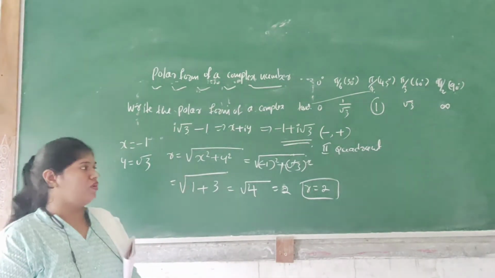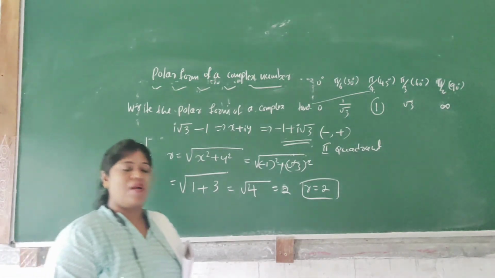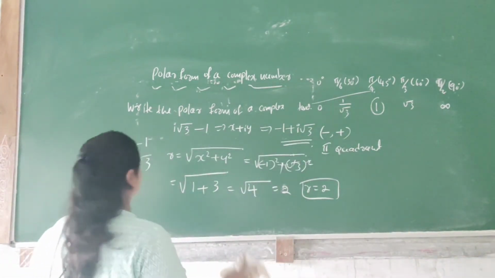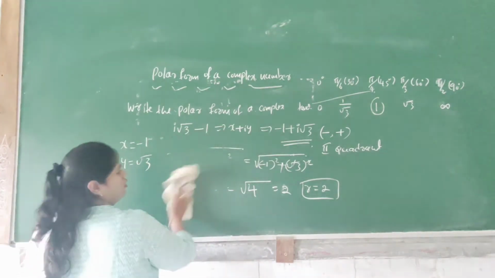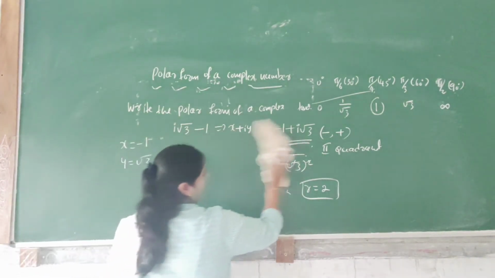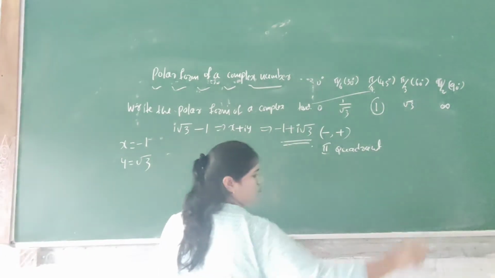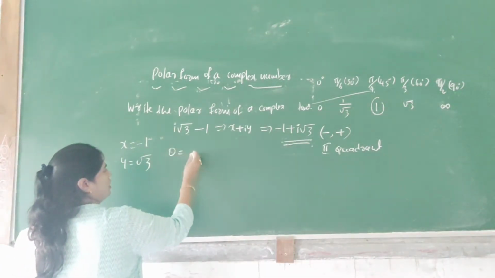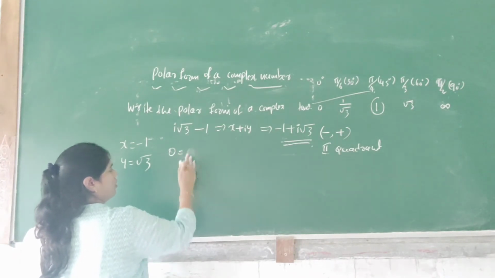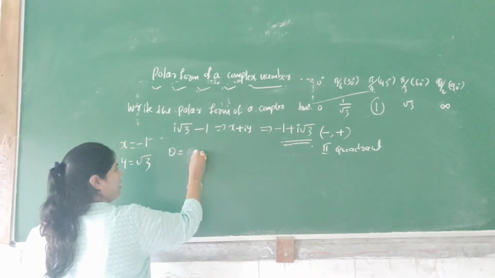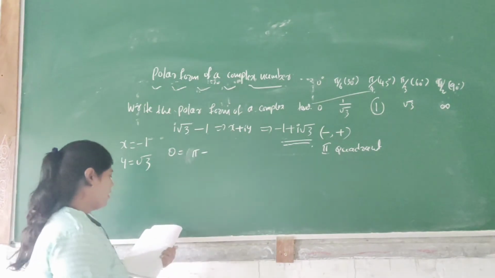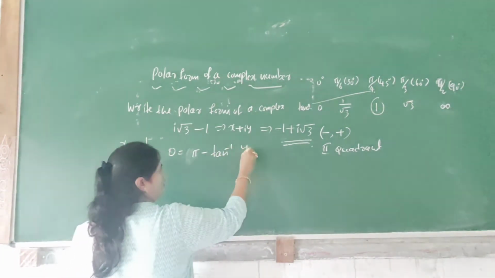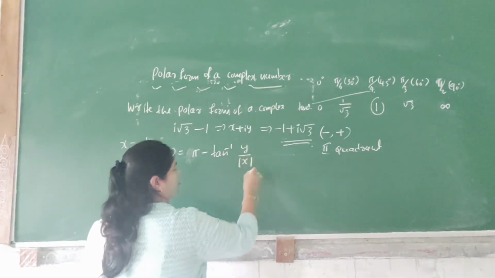What do we have to do now? Next we have to find out the amplitude. r value is 2. So theta, what is the formula? Theta is equal to pi minus tan inverse of y divided by x.